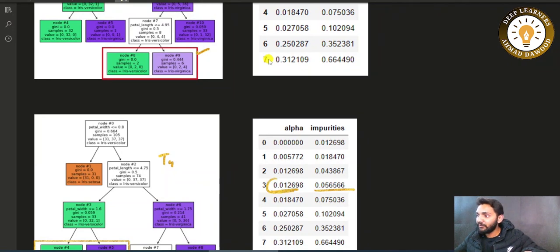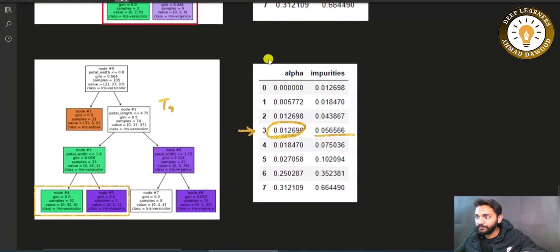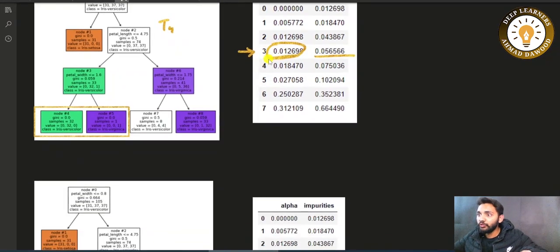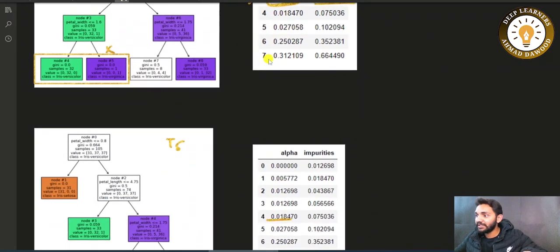And keep in mind this alpha value, it is the alpha value of node number 7, or you can say the alpha value of the non-terminal node which is recently pruned. Again, you will prune on the base of minimum alpha, and you will get another tree T5 which is having this alpha value.